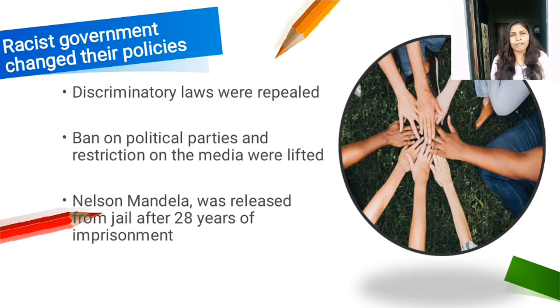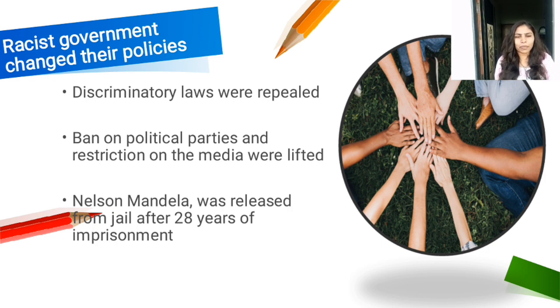Okay, the racial government changed their policy. Discriminatory laws were repealed, and the ban on political parties and restrictions on the media were lifted. And Nelson Mandela was released from jail after 28 years of imprisonment. As the boycott had increased, the white government realized that they could not rule here.